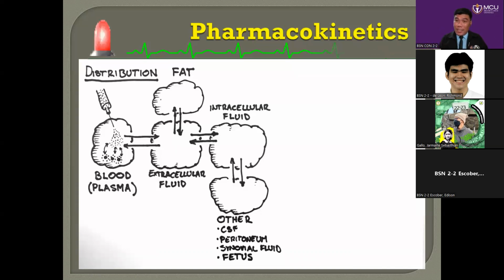And nerve impulses are very important to transfer and distribute the drug. Now, take note of this. In the extracellular fluid or compartment, the highest positively charged electrolyte or cation is sodium. The highest negatively charged anion electrolyte is chloride.